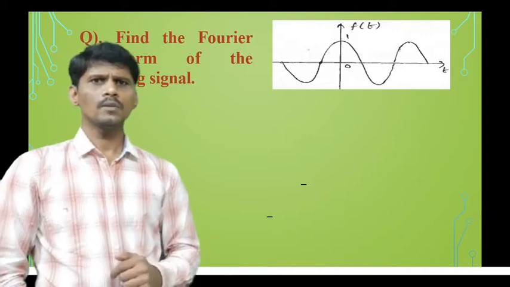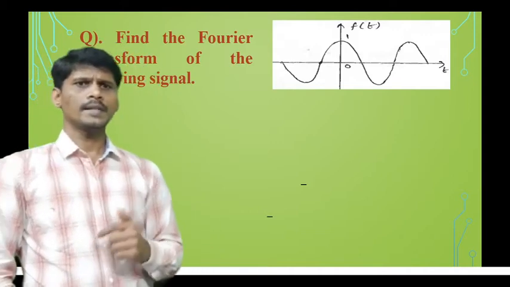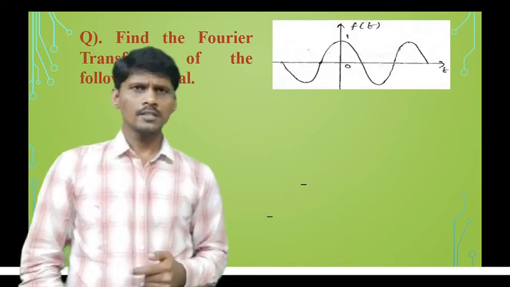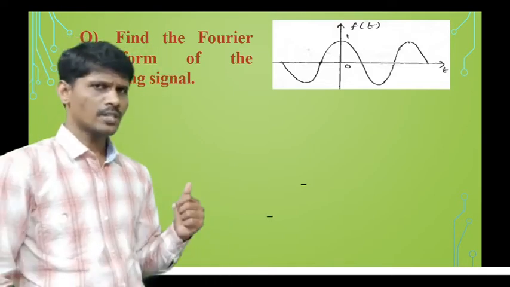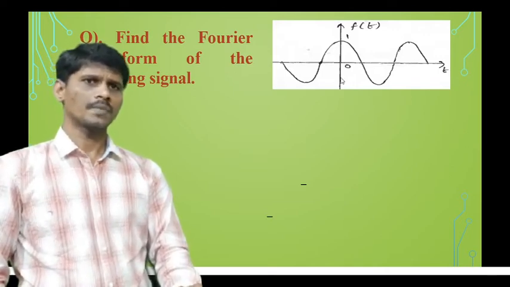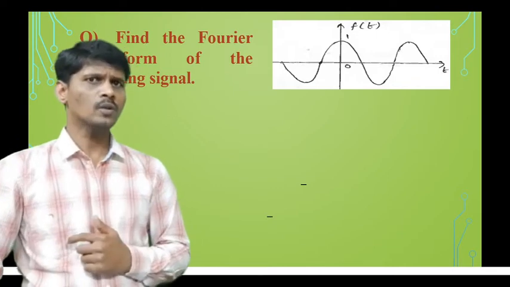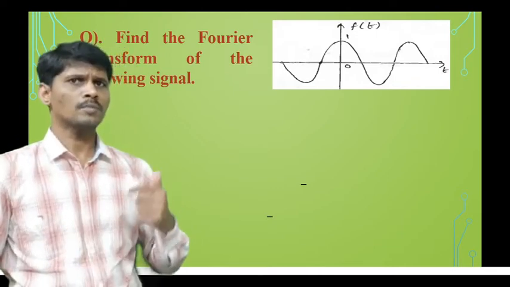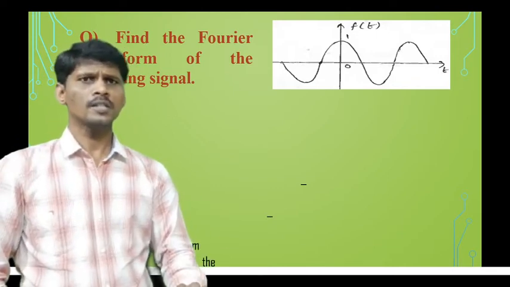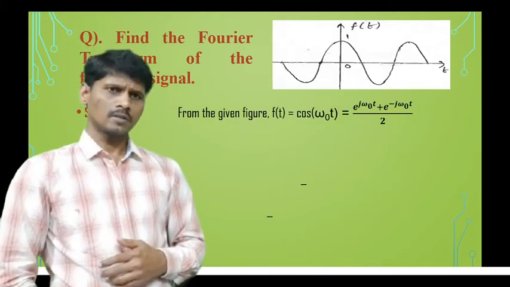Next example, find the Fourier transform of the following signal. This is the given waveform. The given waveform is a cosinusoidal signal, a 90-degree phase shift of the sinusoidal one. So from the given waveform, f of t is equal to cos of omega naught t.